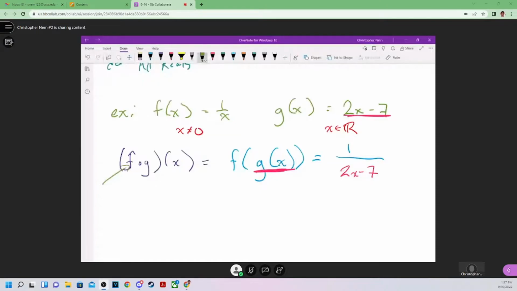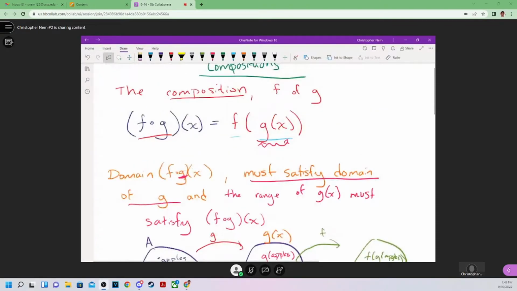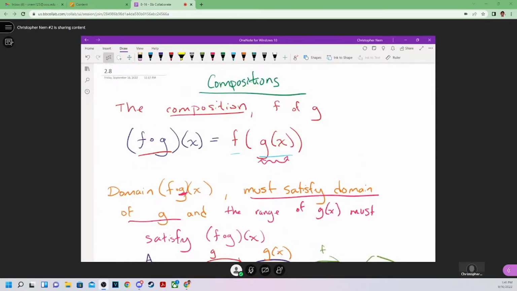What we care about by our definition over here, remember it says the domain of f of g of x must satisfy the domain of g, which means we need to satisfy the second function, not the first function, the function that is inside our input. That's the function we need to satisfy the domain for.